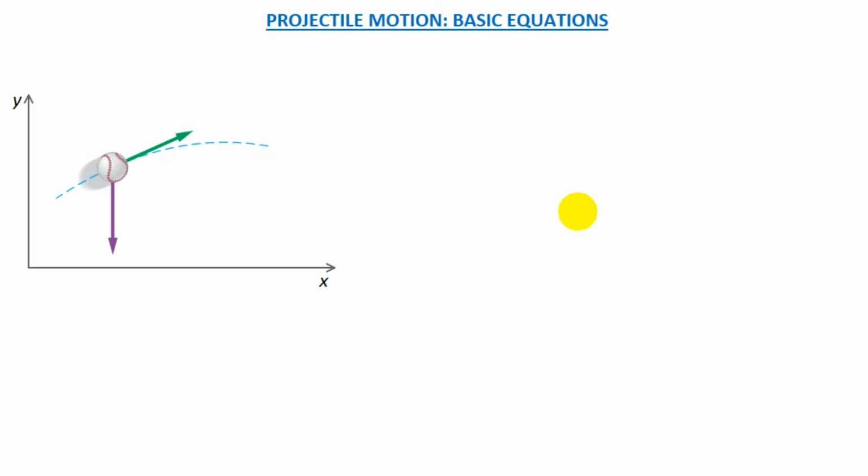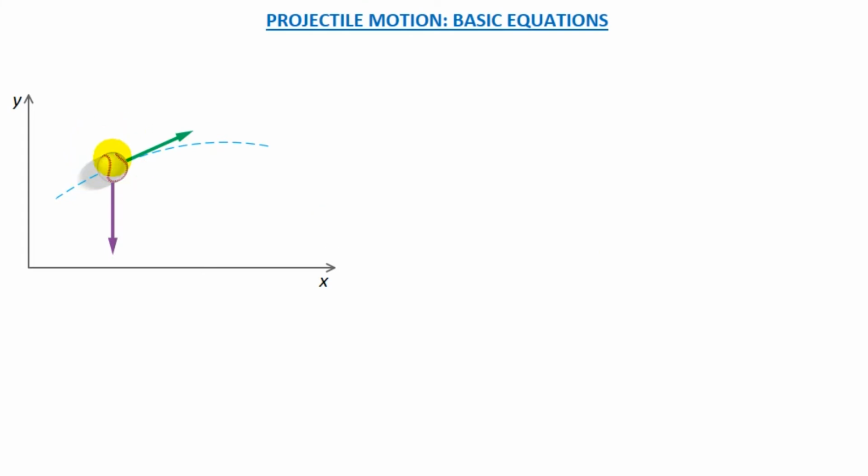Next we discussed the projectile motion and the basic equations. A projectile is an object that is thrown or launched into motion and then allowed to follow a path determined only by the influence of gravity. Projectile motion refers to the path of an object after it is thrown, kicked, or otherwise launched into the air.